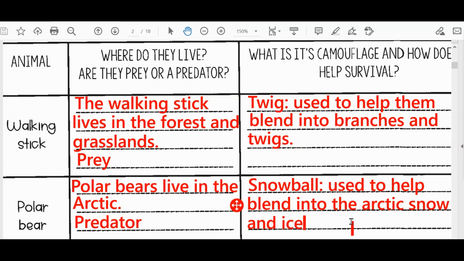So, like a polar bear, would you be able to see a polar bear in the desert? No, because it's all black. I mean, all white.